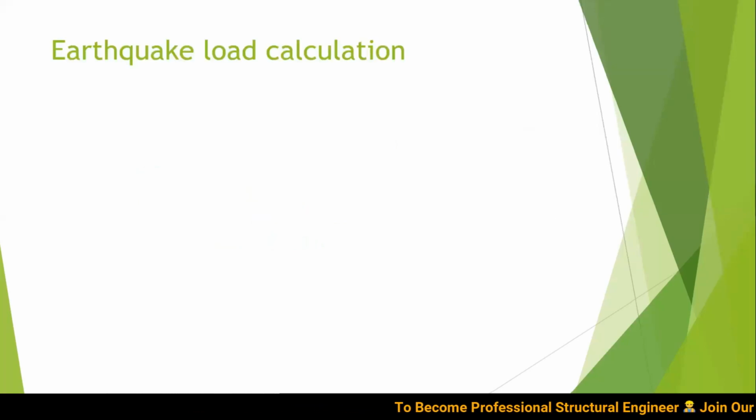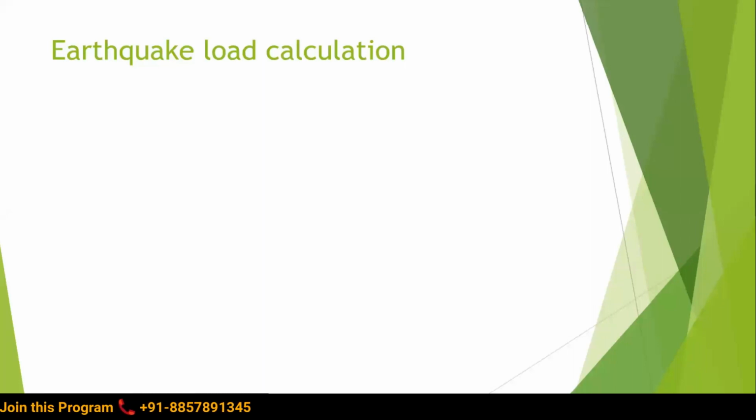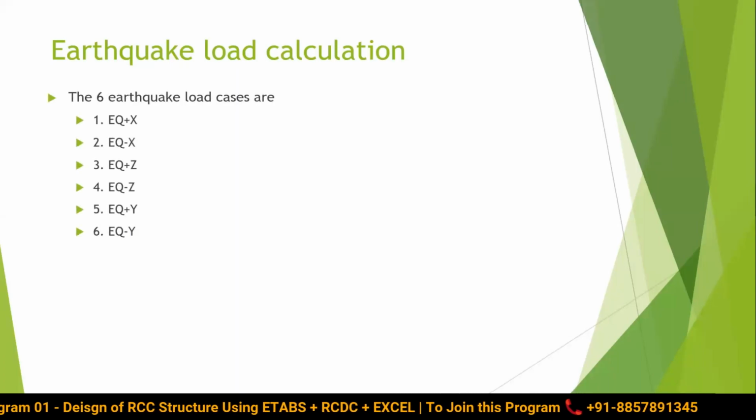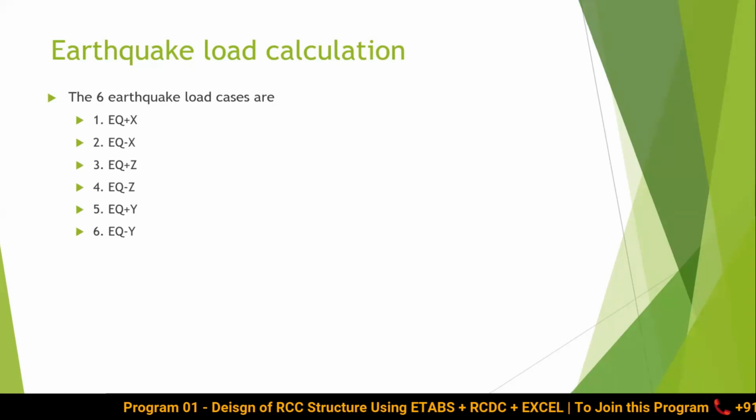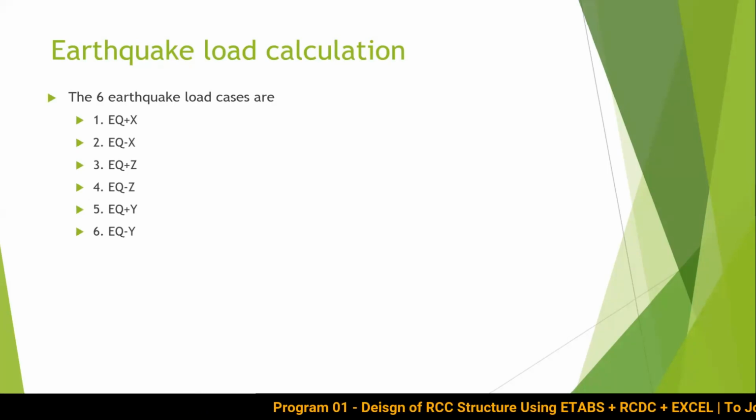First load. In STAAD Pro, if we want to apply earthquake load, we should always apply that initially. That is the condition of STAAD Pro. While modeling, when we want to apply earthquake load, we should apply that first, otherwise we get some error. So let's understand what earthquake load is. There can be 6 cases of earthquake load.